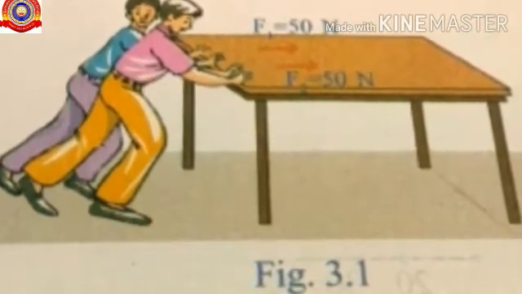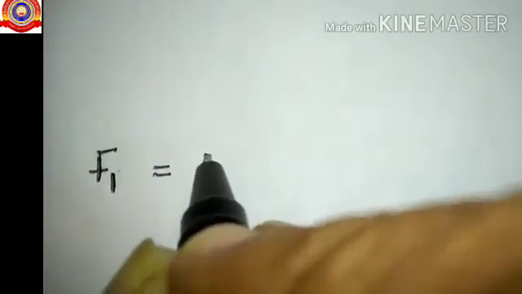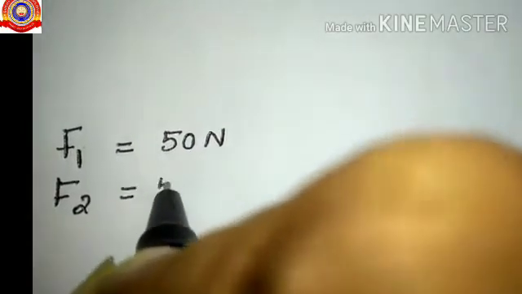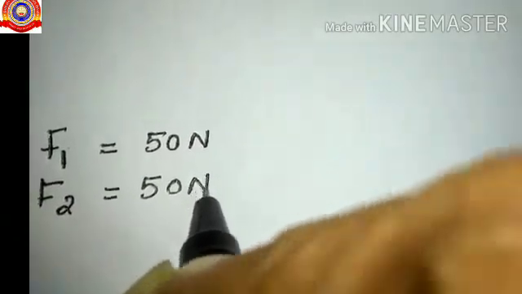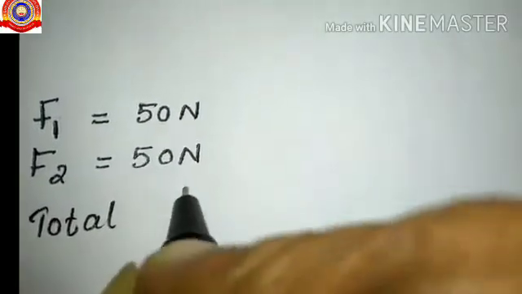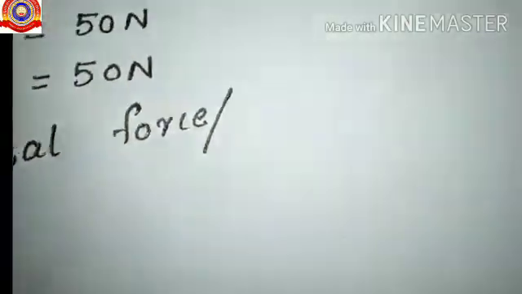The force given by the first boy, F1, equals 50 Newton, and F2, the force given by the second boy, is also 50 Newton. Here we are going to find the total force, or the resultant force.